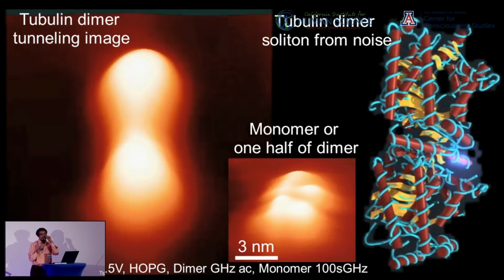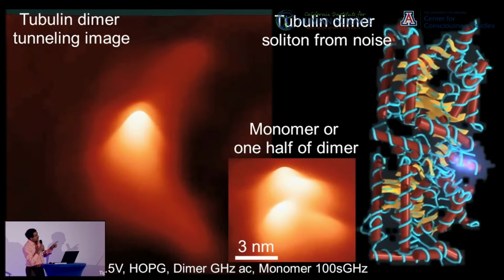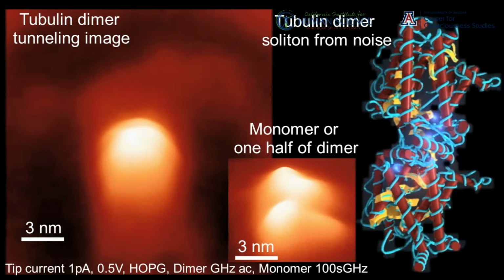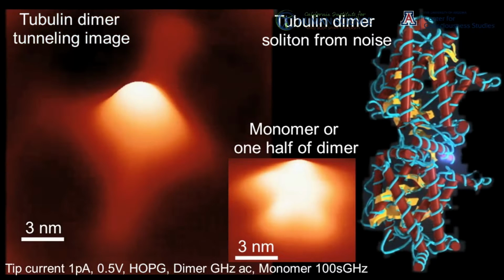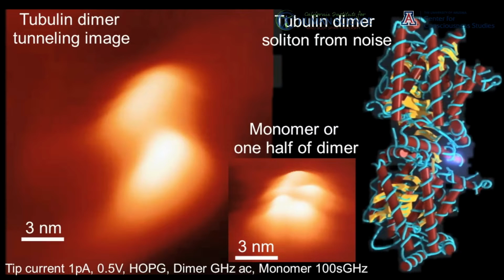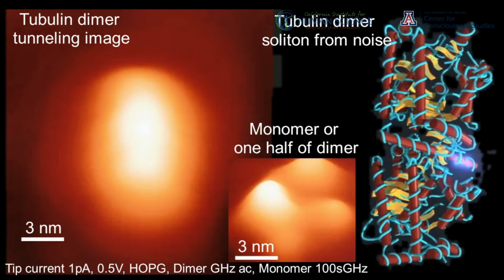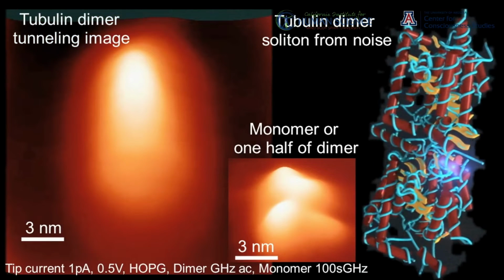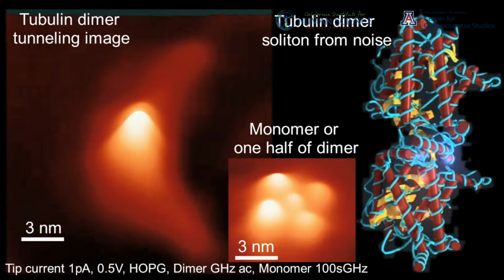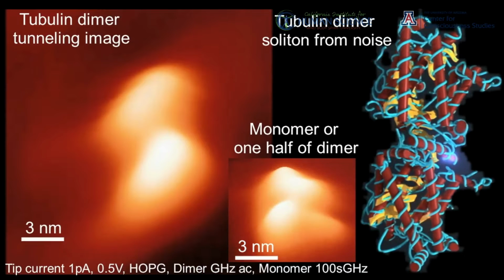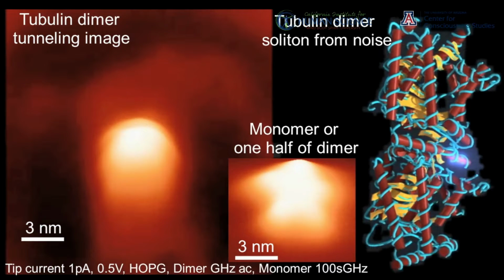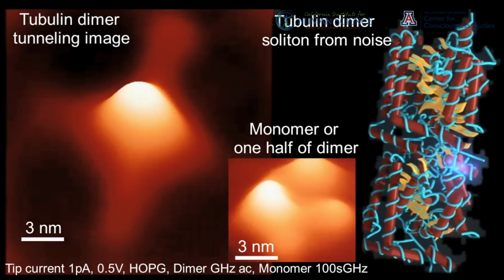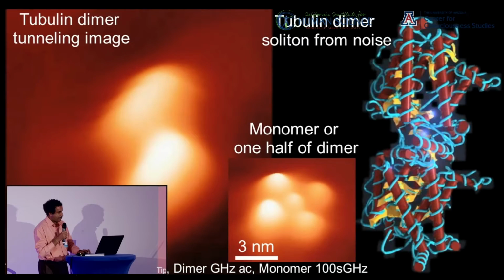And with quantum tunneling images, you can see it. What you are seeing here to the right is the actual structure of the tubulin protein, and you can see to the left side, it's changing. The protein looks very different when you resonate it with different frequencies. It is almost like you compose a music and it dances to its tune very differently, but its shape, its size, and how it looks like, it changes.